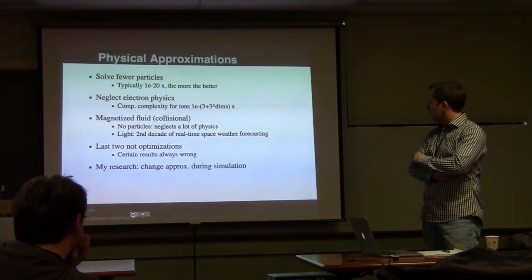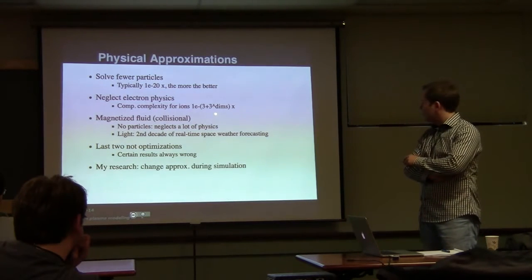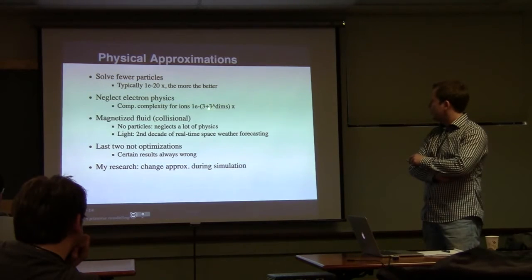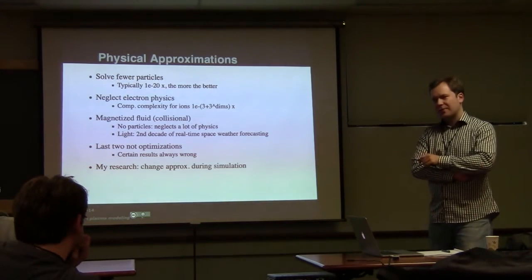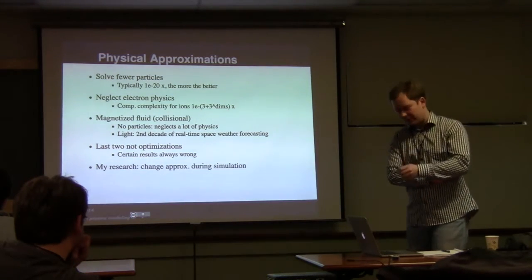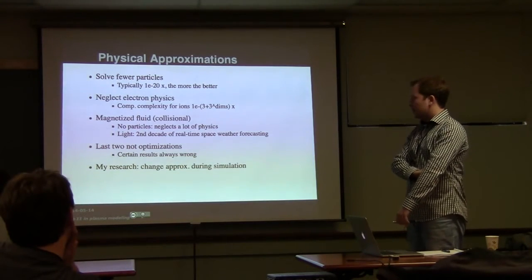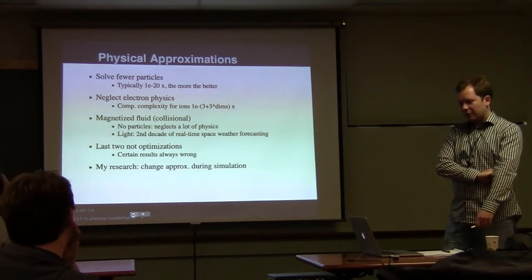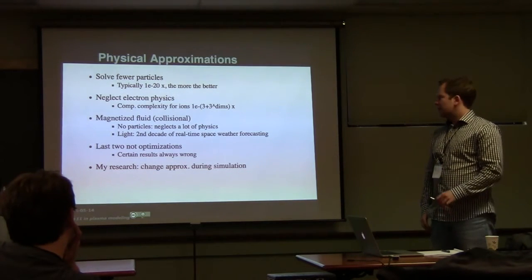Yeah, that should actually be a multiplication here. But anyway, for a 3D system you reduce the computational complexity by 10^12 or something like that, so a very significant amount. And then maybe the crudest approximation is the magnetohydrodynamics assumption.